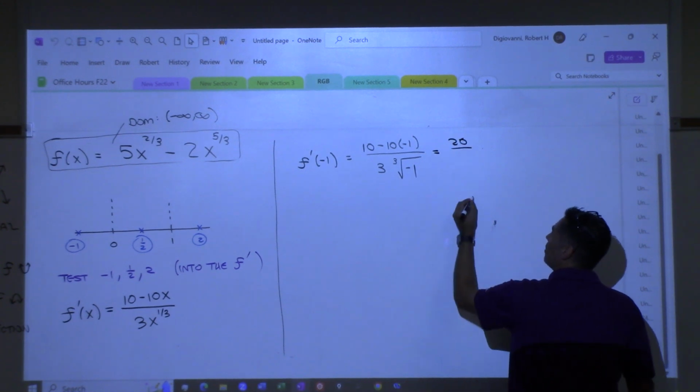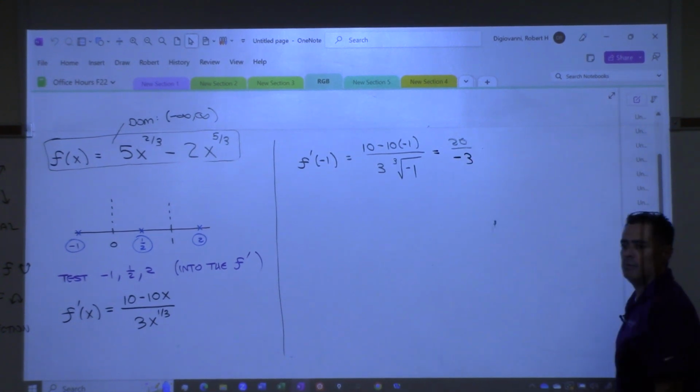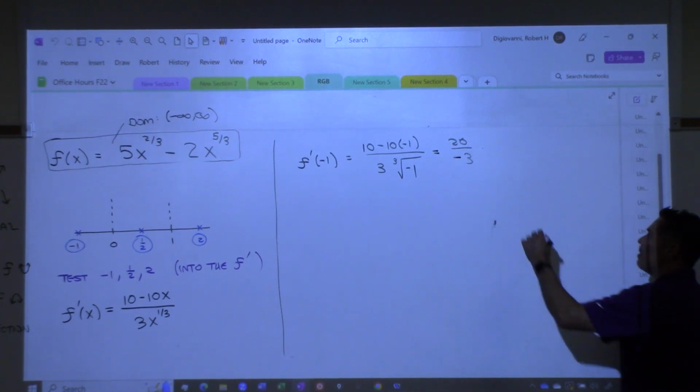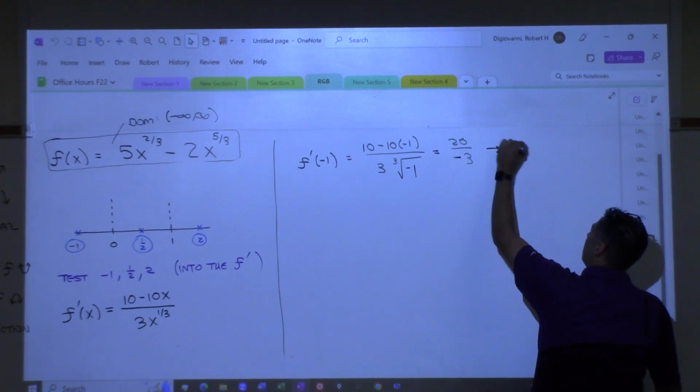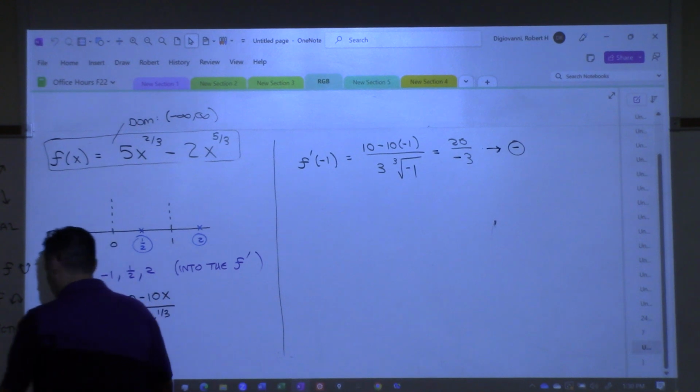And the bottom is just, what? The cube root of -1 is -1. So I get -3 on the bottom, 3 times -1. So my answer is negative, isn't it?